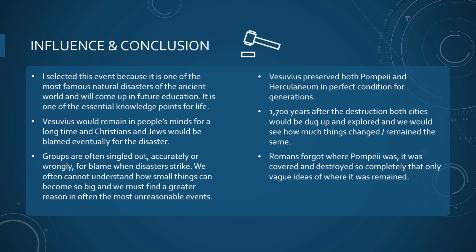Now, Vesuvius and the eruption preserved both Pompeii and Herculaneum in perfect condition for generations. 1,700 years after the destruction of both cities, they would be dug up and explored. And we would be able to get an idea of how much things have changed but also remain the same. Now, understand, Pompeii and Herculaneum were buried so deeply and so completely that Romans forgot where these cities were.